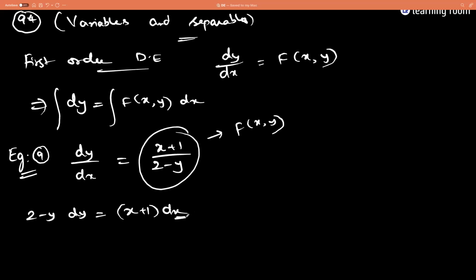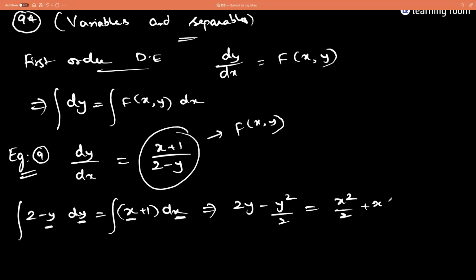So on the right hand side you have x variables, and you have only x plus 1, whereas on the left hand side you have y variables only. How can you integrate on both the sides? So on integrating both the sides, what will you get? 2y minus y square by 2 is equal to x square by 2 plus x plus c. That's the answer.